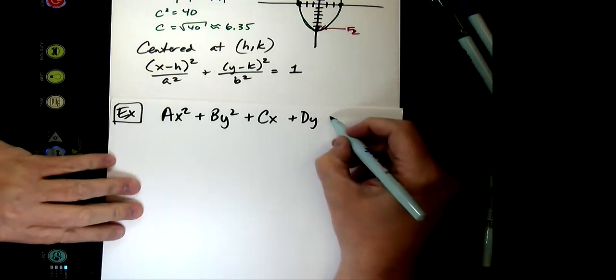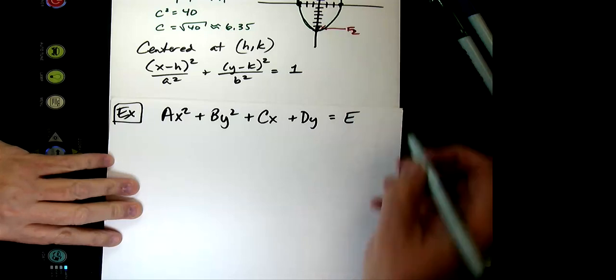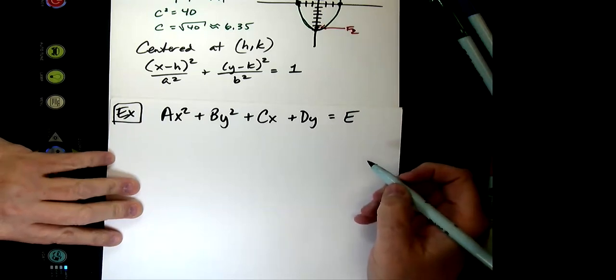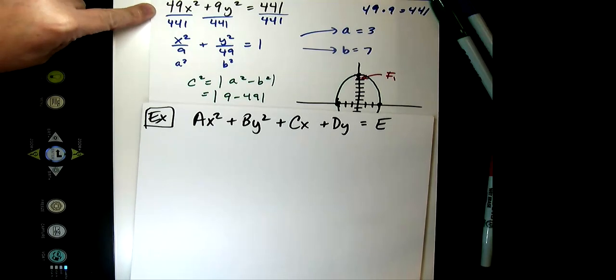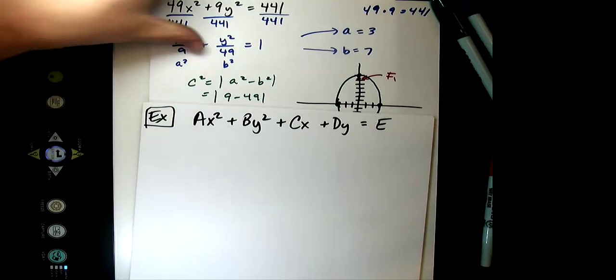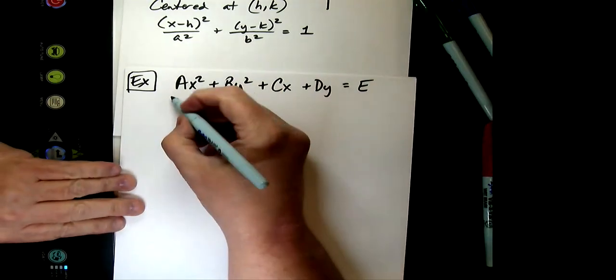We add it to the other side, and there's an e in here as well. If a and b are not 1, the coefficients are not going to be 1 down here, which means we get to complete the square.